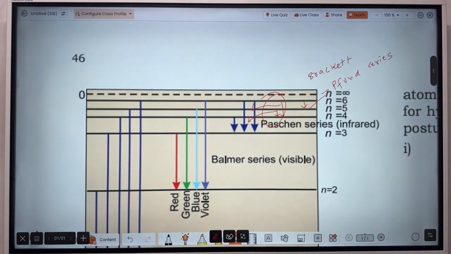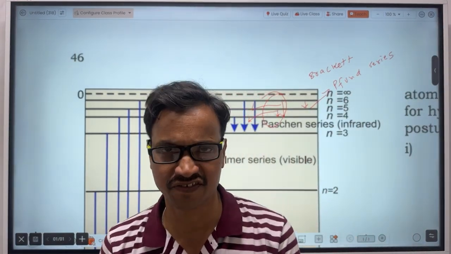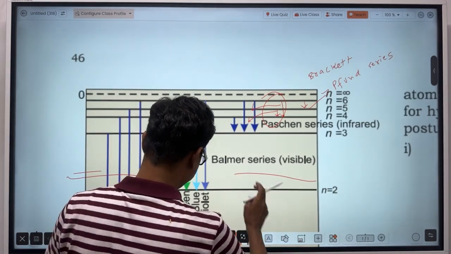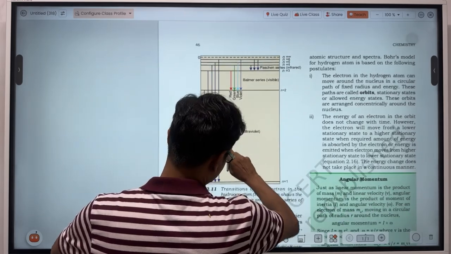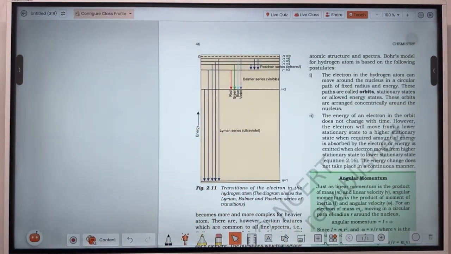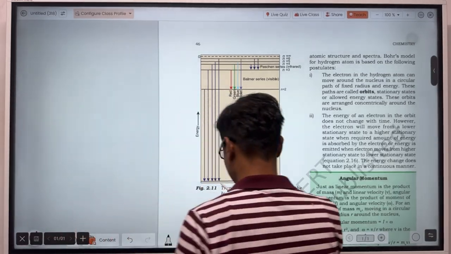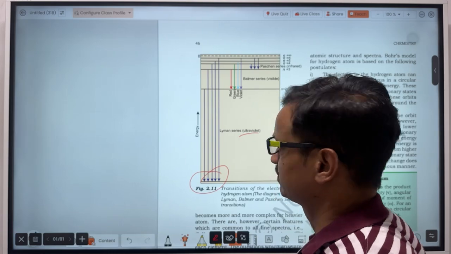That means when an electron falls from any energy level to n equal to 5, that comes under Pfund series, and that will be a type of infrared radiation. So the radiations of the Lyman series come under the ultraviolet region.